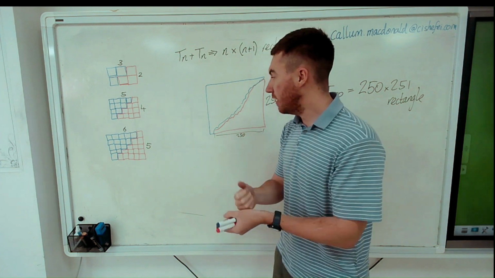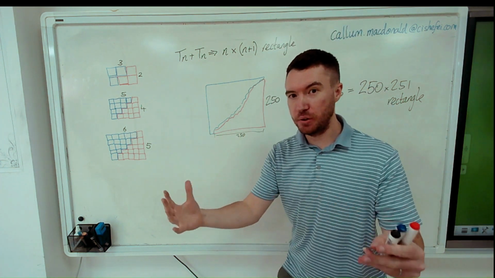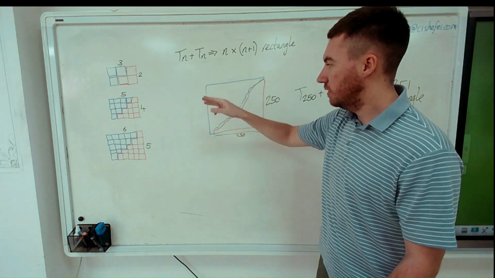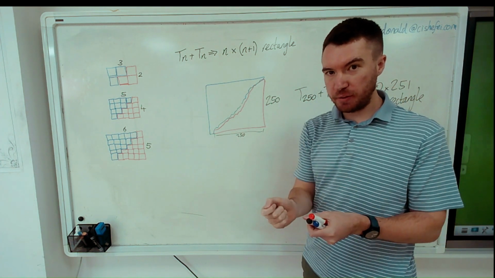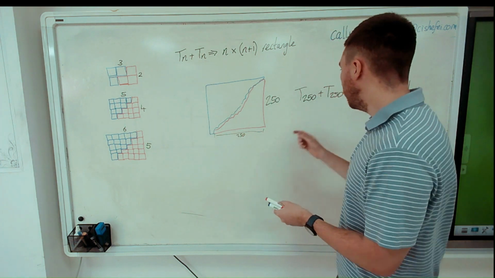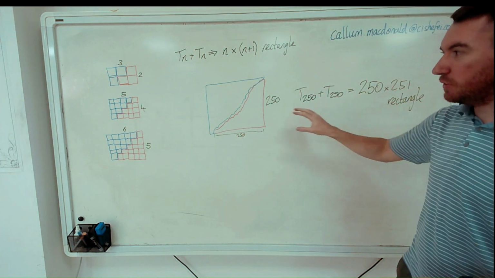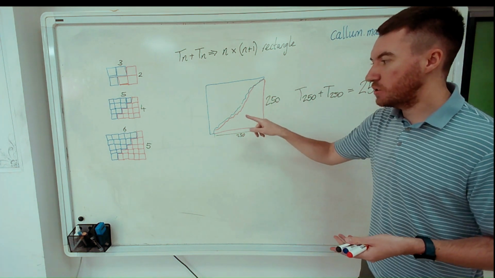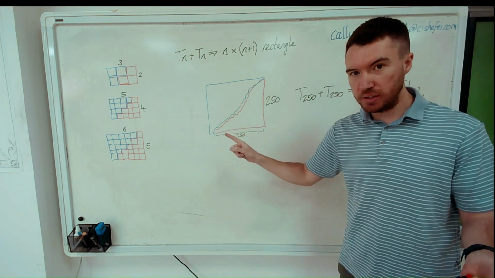Triangles are the same size. The triangles are always going to be the same size. So for this rectangle, there will be half. Half of the boxes are belonging to the red triangle, and half are belonging to the blue triangle.